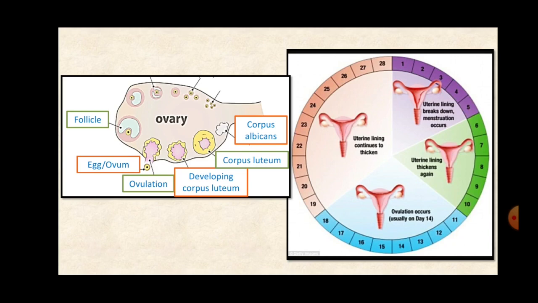The bleeding phase is quite stressful and painful for females. There is also a high possibility of infections. So it is very necessary for females to rest and take good care of themselves. Hygienic conditions should be maintained.